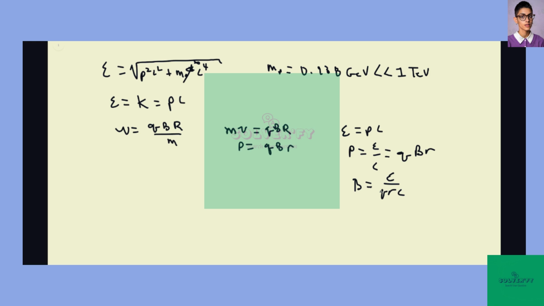Now we can plug all of the things that we know in. So B is equal to 1.0 times 10 to the 12th electron volts, or 1 tera electron volt, times, we want to convert this to joules because radius is in meters and C is in meters per second, so we want to be in those units.